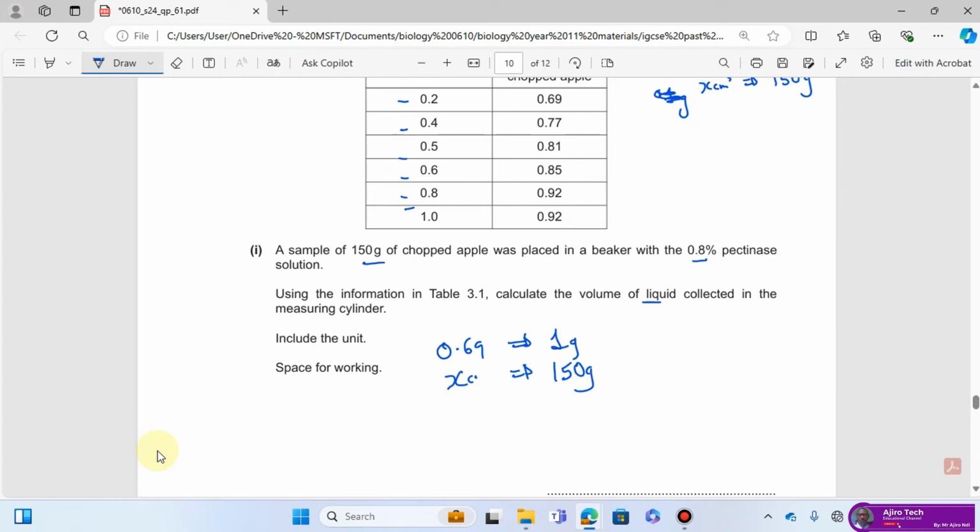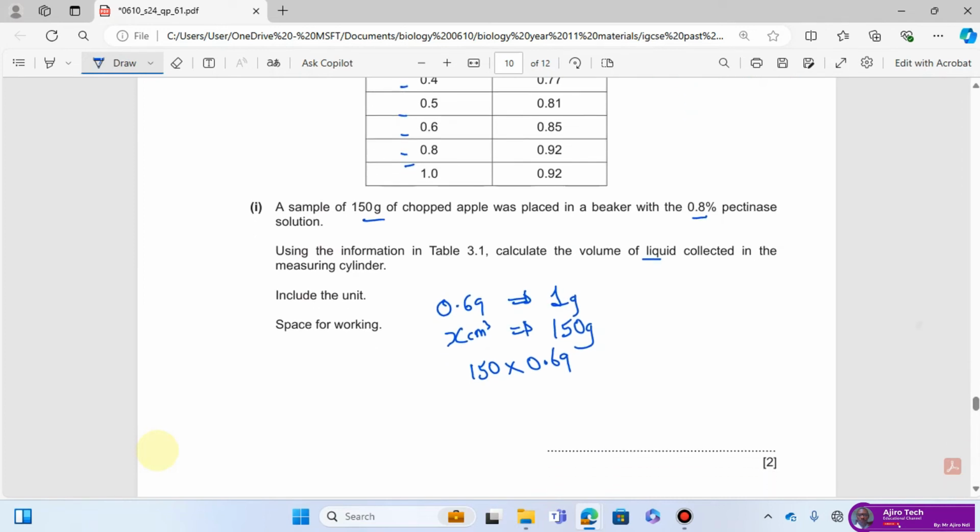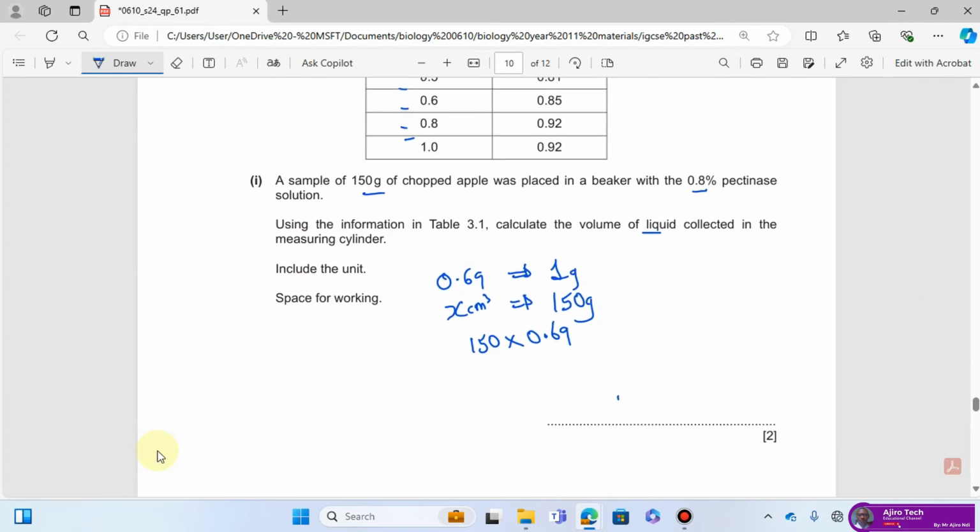X cm cube. So what we just do is say 150 times 0.69, and of course we get our answer to be 138 or so. I think it's around 138, and we'll add the unit cm cube.